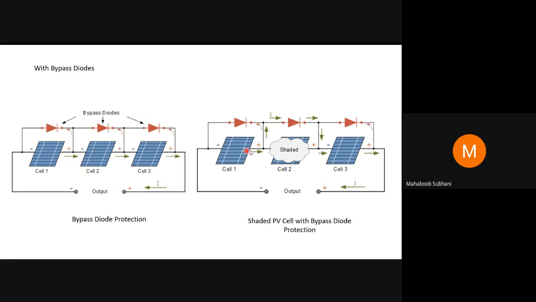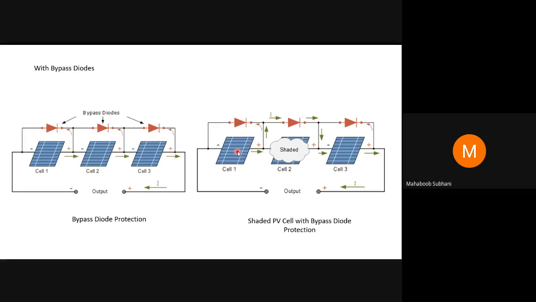Now cell 1 is connected in parallel to the diode. One more thing: why did we connect this bypass diode in parallel? Why don't we connect it in series? Because we have already talked about how in a series connection, the voltage gets divided.